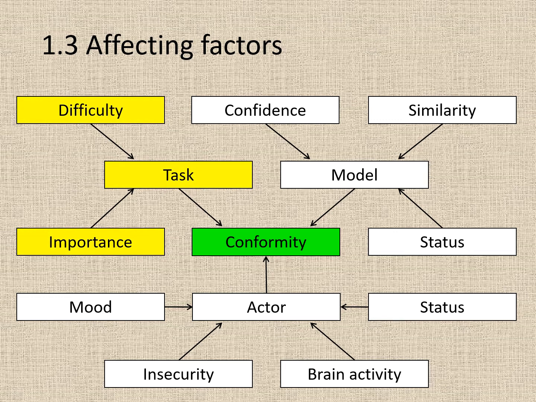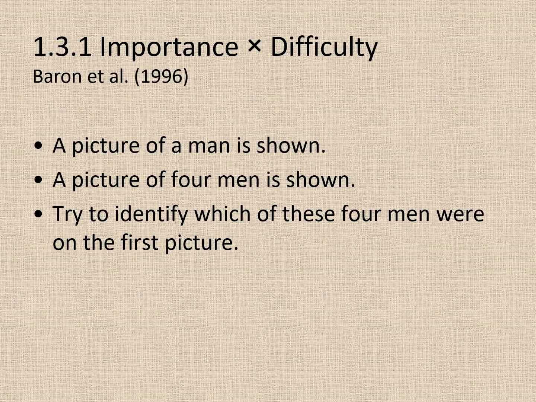So we have a study here, Baron et al., '96. I thought you would get a feel of how it was to be a subject in this study. When I push the button here, a picture of a man will be shown on the screen, very quickly.